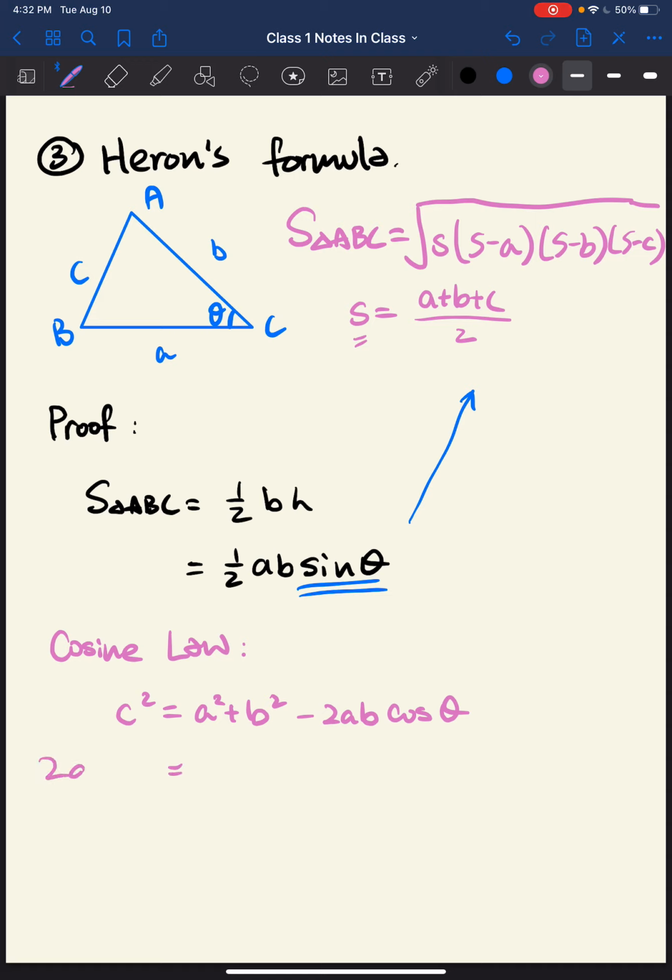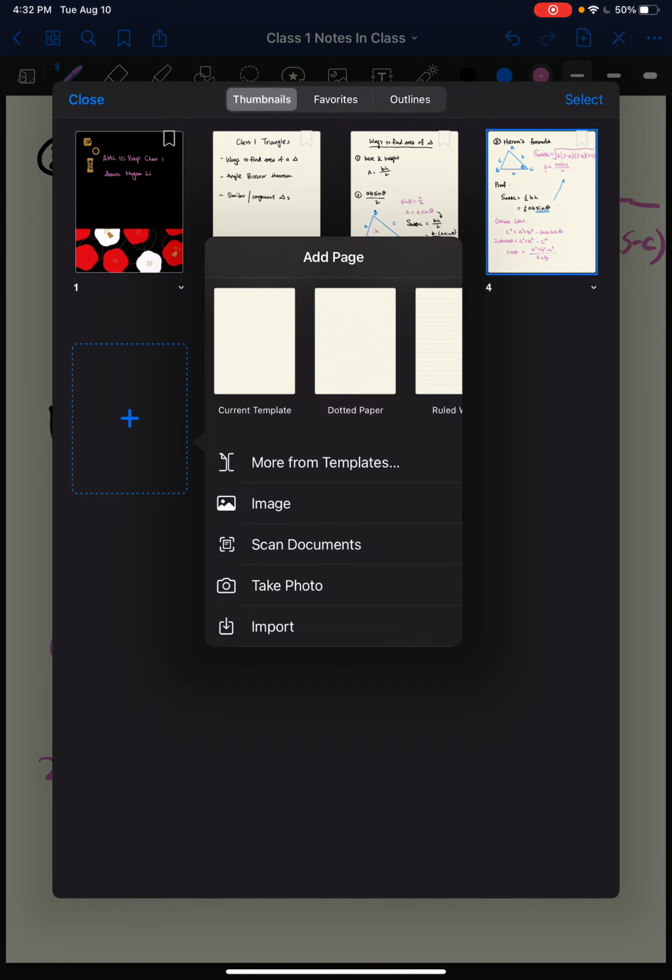Therefore, 2ab cosine theta equals a squared plus b squared minus c squared. So cosine theta equals (a squared plus b squared minus c squared) over 2ab. The reason why we're trying to find cosine theta is because cosine theta, let me just copy this.